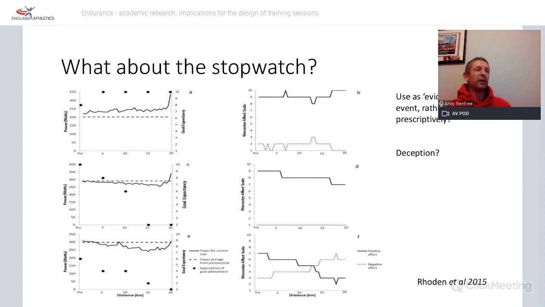Then, as part of the reflective process, which was described a few slides back, you can sit down with the athlete and discuss how the effort distribution was actually achieved, and how successful the athlete was in achieving their goal pacing strategy or pacing behavior. I'm not suggesting that's necessarily the goal all of the time, but I do have some reservations about using the stopwatch prescriptively.